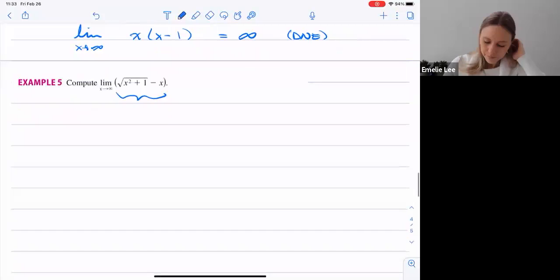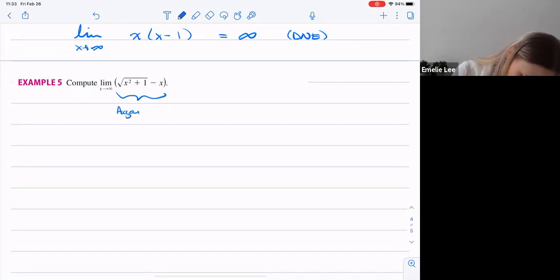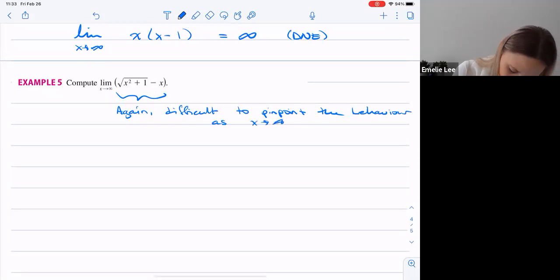So again, difficult to pinpoint the behavior as x goes to infinity.